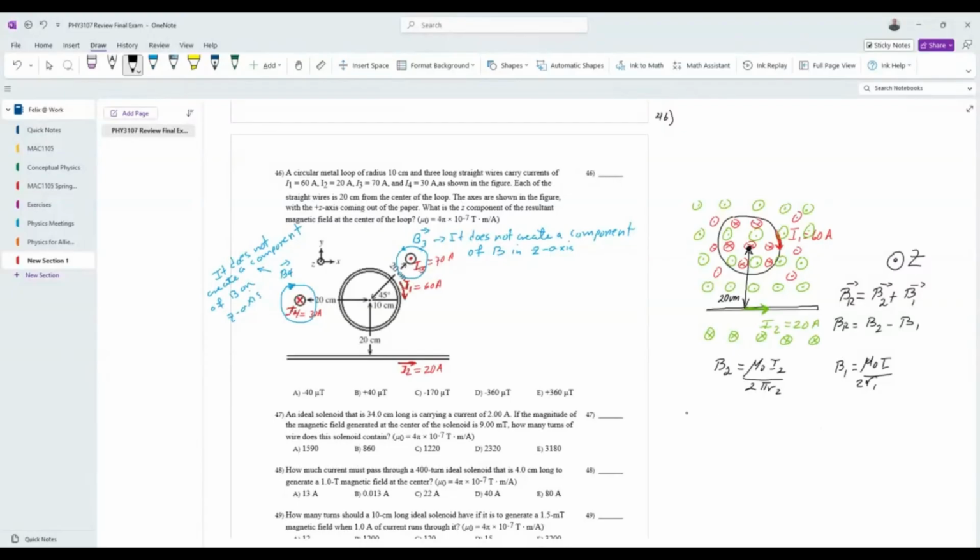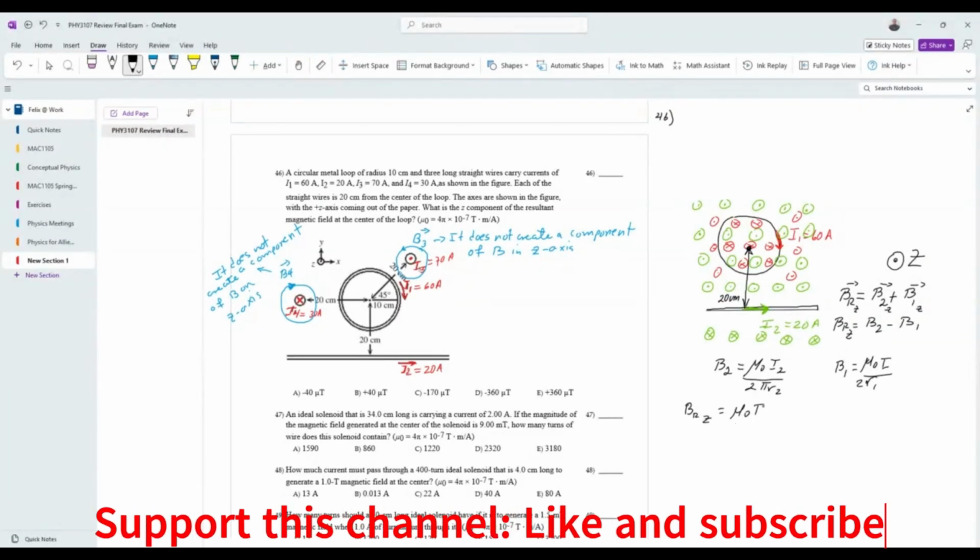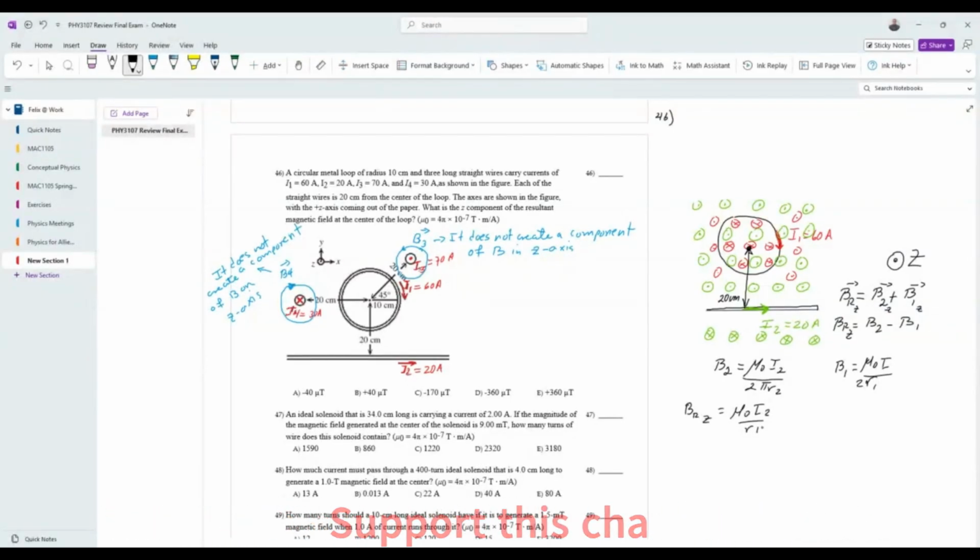That means that now if I want to find the resultant in the z-axis, this resultant in the z-axis will be mu sub 0 I2 over 2 pi r sub 2 minus mu sub 0 I sub 1 over 2 r sub 1.